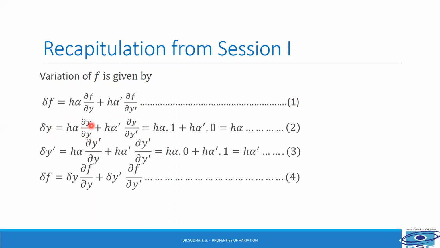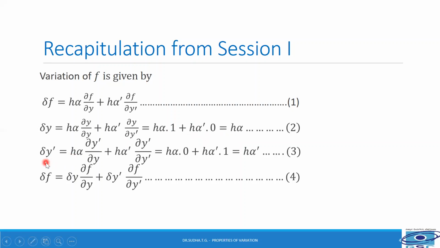So we are replacing f by y in equation 1. And we know that dou y by dou y is 1, whereas dou y by dou y dash is 0. So we get h into alpha into 1 plus h into alpha dash into 0, which gives us h into alpha.